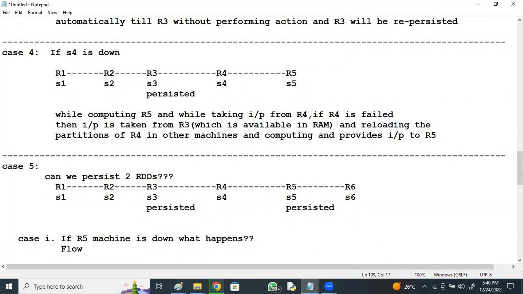Yeah, the flow will be re-executed from R3 to R5, and R5 will be re-persisted.